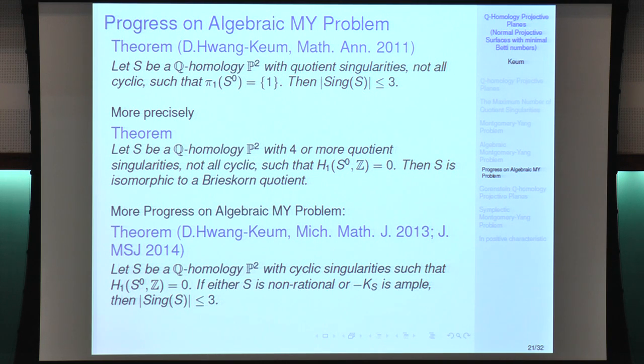And then what is the case left over? It should be S rational and K_S nef. But one can show that this condition also implies K_S is not numerically trivial.